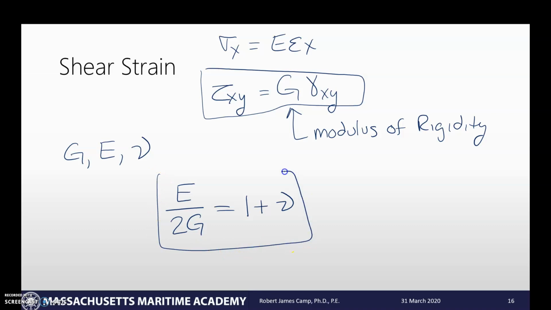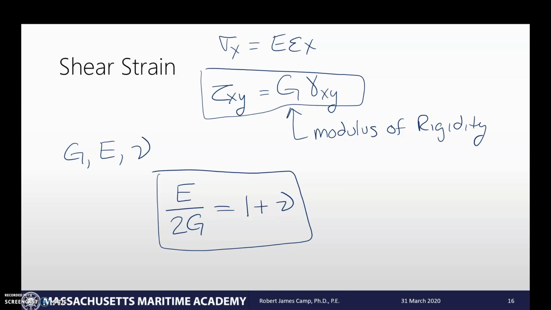This is a very important relationship because a lot of times books will not publish all 3 of these material properties. You can usually find modulus of elasticity and Poisson's ratio very easily. Modulus of rigidity, not so much.